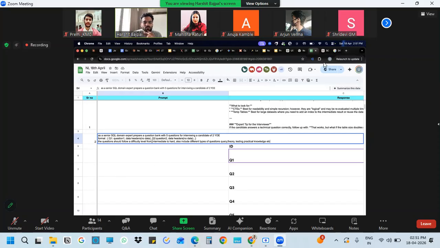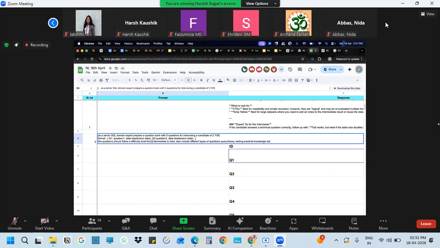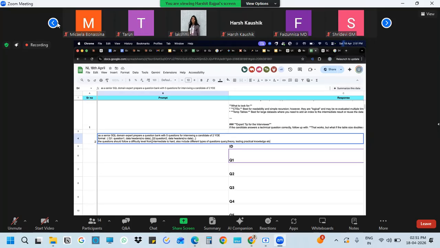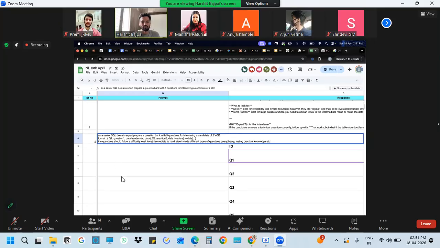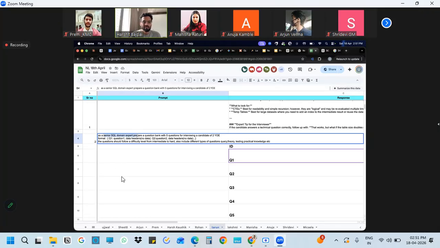What Tarun has done, I'll talk from the prompt perspective. He has given some sort of a persona. We'll discuss that in a minute. This is the persona that he has given, as a senior SQL domain expert. The second thing he has done, I believe someone else also did it, is interview the candidate of 2 years of experience. So you're asking questions basis 2 years of experience.